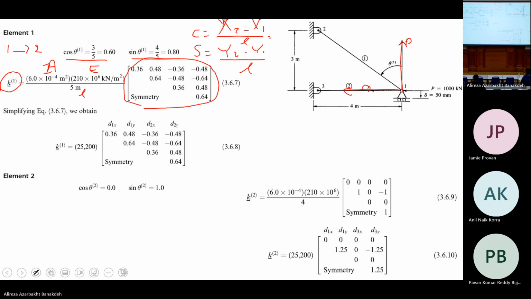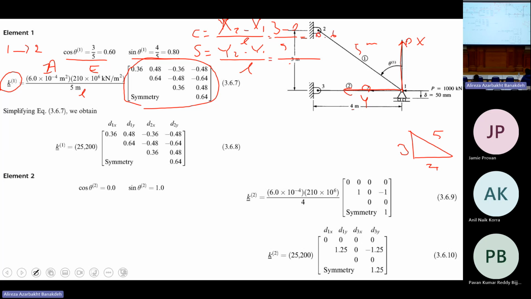So this is x, this is y. What is x2? 3 meter minus x1, 0, divided by L. This is 3, 4, that's 5, isn't it? If this is 3, if this is 4, it's 5 meter. It's a triangle. This is 4, this is 3, this is 5. So this is 0.6.